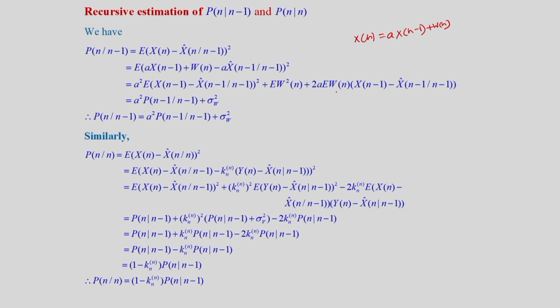So, therefore, E of w[n] into (x[n-1] minus x̂[n-1|n-1]). Now, w[n] is independent of x[n-1], so this term will be equal to 0.